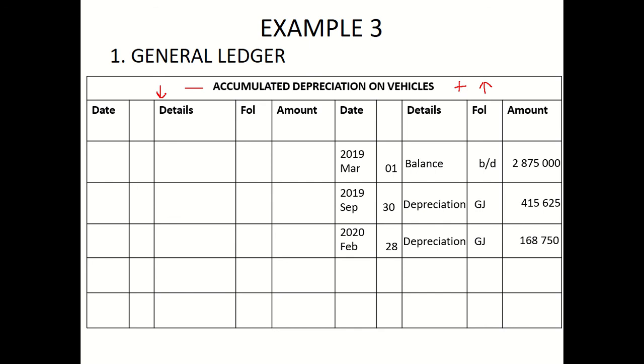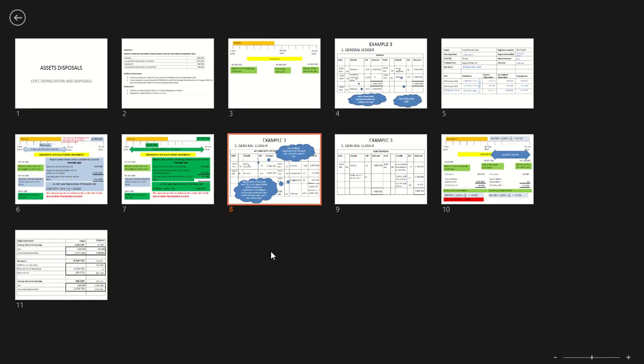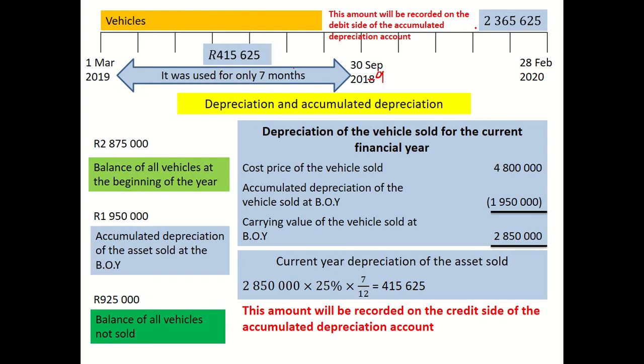All right, and accumulated depreciation of the assets sold will be 2,365,625. All right, I did show you guys how I got that. Okay, I don't want to go back to the timeline. Let me just do it for you. See, there it is over there. Go back to the slide to figure out how I got it.